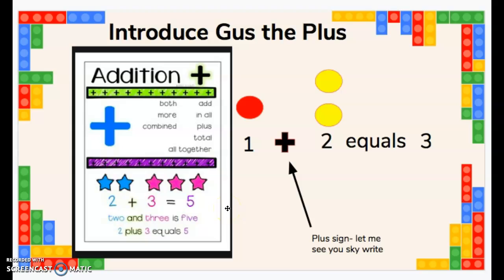So our number sentence reads 2 plus 3 equals 5. Just like we've been doing, except we're adding our plus symbol. Go ahead and let me see you practice writing the plus symbol. So we have 1 red plus 2 yellow equals 3.